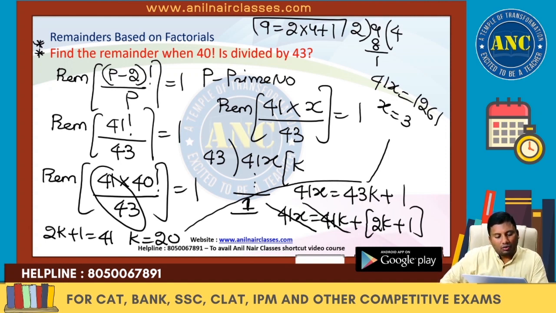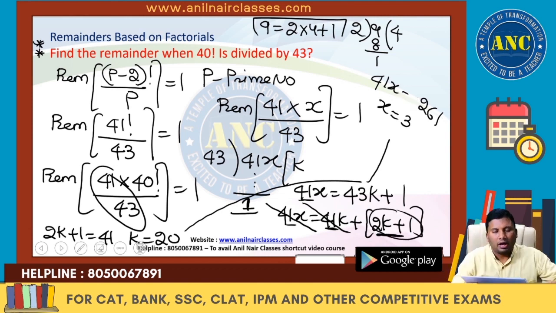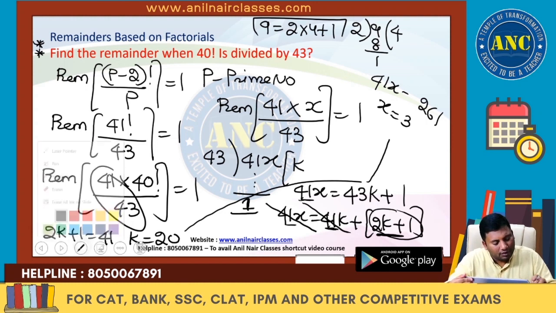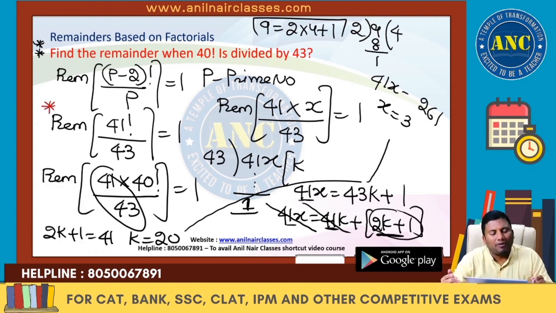41x is equivalent to 43k plus 1. 41x is equivalent to 41k plus 2k plus 1. This should be divisible by 41. Let me recap. 41 factorial divided by 43 is 1. 41 factorial is 41 into 40 factorial by 43.